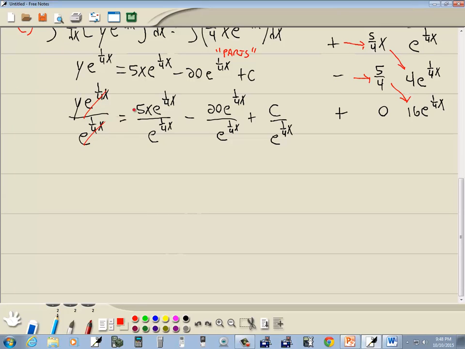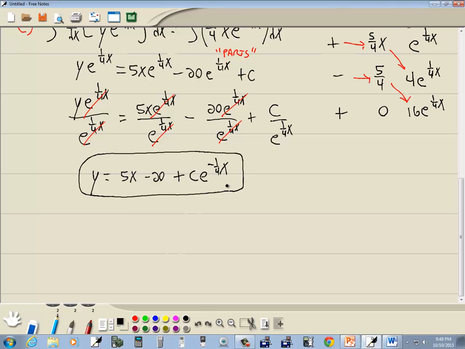You know, those e to the 1/4 x's cancel there, there, there, there. So we're going to end up with y is equal to 5x minus 20 plus c e, and then I'll take that up on top, and it becomes a negative 1/4 x. And that would be our answer.